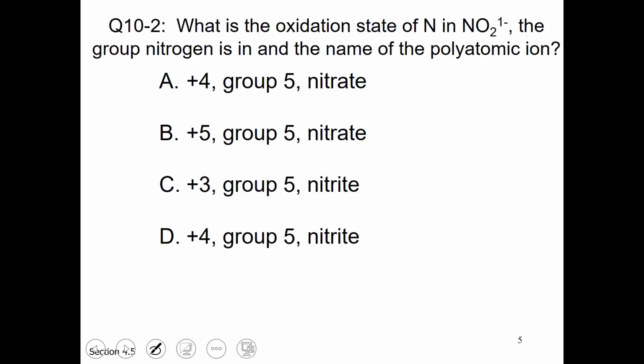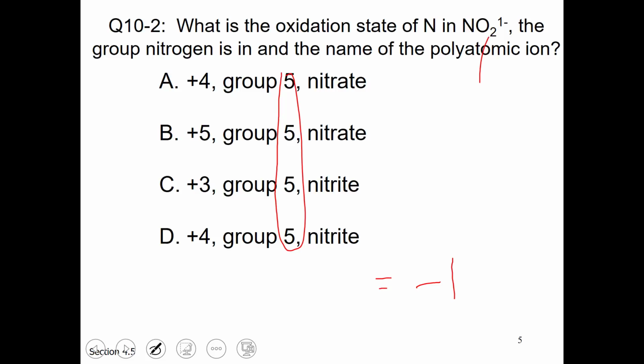How about the oxidation state of nitrogen in NO2 1-? The group nitrogen is in, and the name of the polyatomic ion. All right, group number is not in question. That's group 5. Let's look at the oxidation state. So we are dealing with NO2 1-. The charges must add up to 1-.